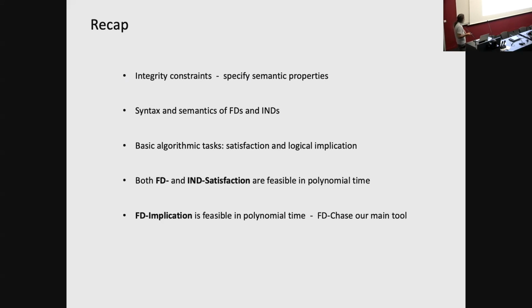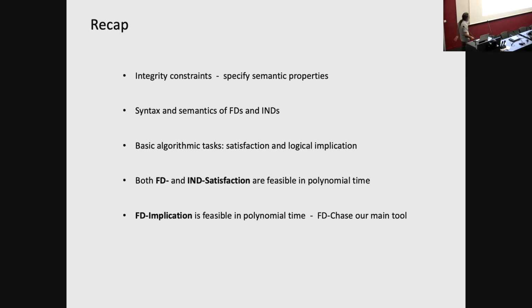So what we have seen so far: we have seen what constraints are and why they are useful. We have introduced the syntax and semantics of functional and inclusion dependencies. And we have seen the main tasks that we are interested in, satisfaction and logical implication. We have also proved, which is straightforward by simply implementing the semantics, that the satisfaction problem for both classes is in polynomial time.